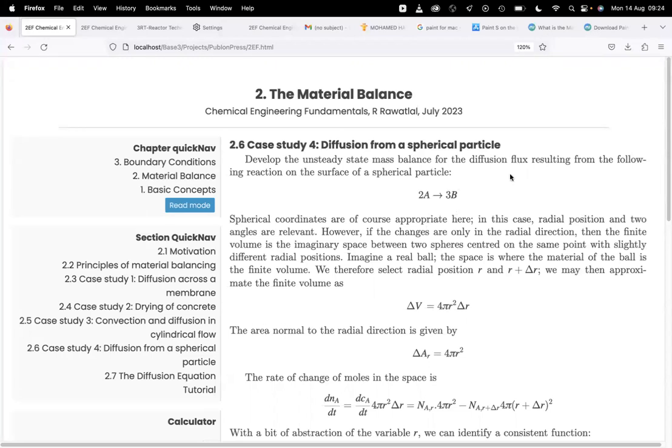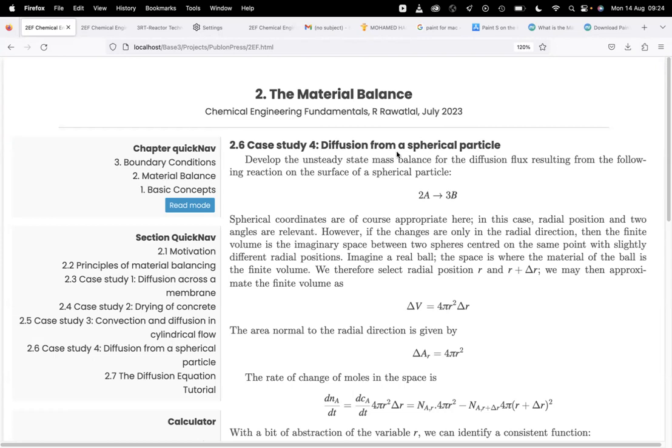So it's just R and two angles, and here we'll ignore the two angles. But I'm trying to say, we've got the three main types of geometry across these three case studies. We are also seeing a difference in the type of molar flux. In the first case, the drying of concrete, we have flow through a stagnant medium. The concrete itself was stagnant and the water is diffusing.